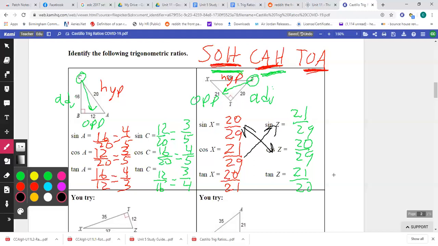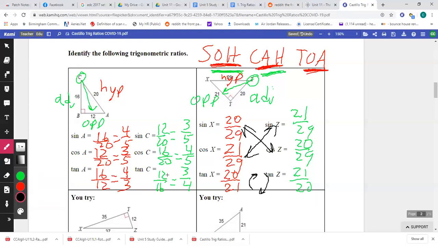Because remember, all that happens when I change my angle of focus is my opposite and my adjacent just switch, right? And so that's why you see this happening here. And look what happens between the two tangents, right? They just get flipped. The tangent of one angle is the reciprocal of the tangent of the other.